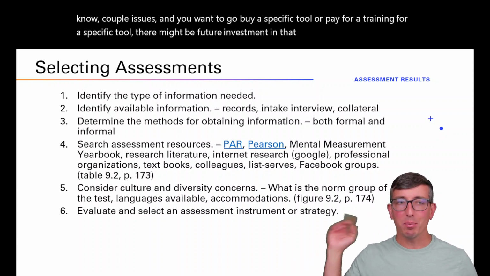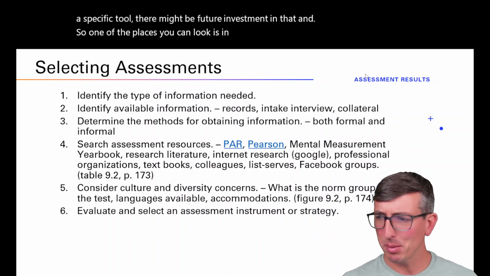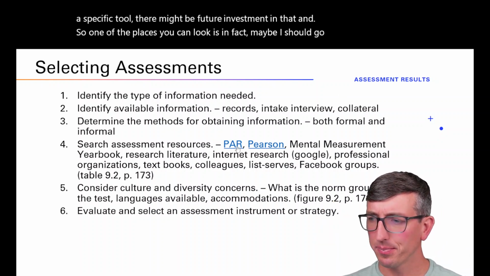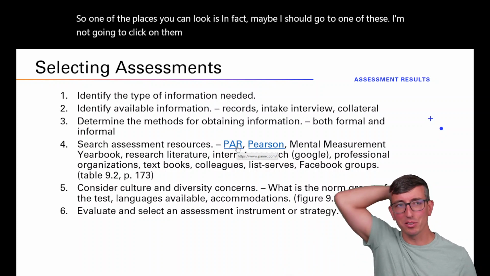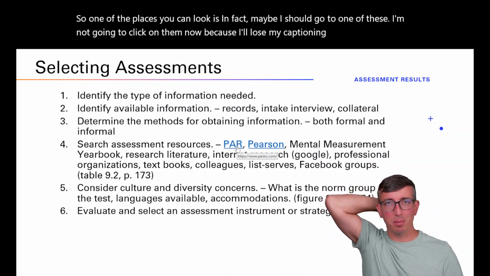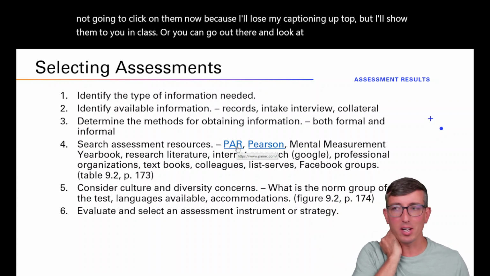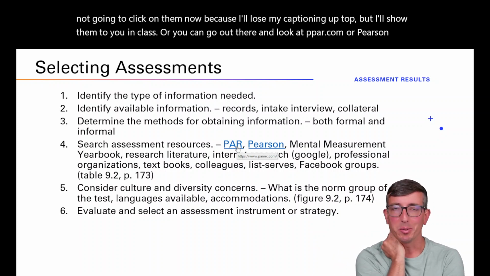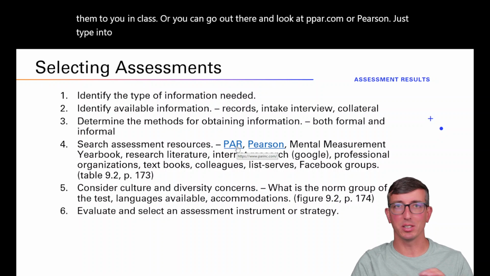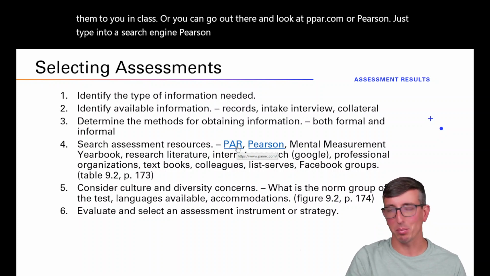One of the places you can look is, in fact, maybe I should go to one of these. Well, I'm not going to click on them now because I'll lose my captioning up top, but I'll show them to you in class, or you can go look at par.com or Pearson. Just type into a search engine Pearson assessment, because Pearson, the publisher, is different.